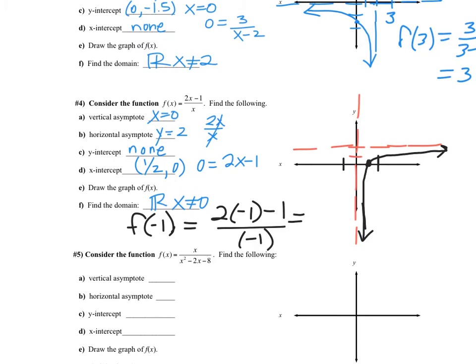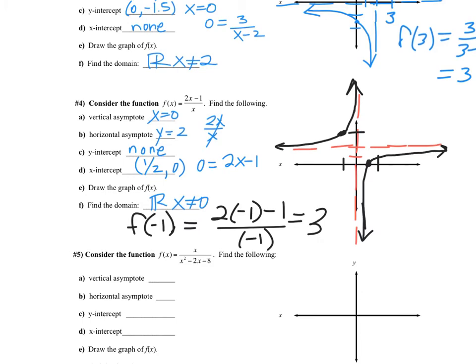So what is that? 3. So I'm going to go 1, 2, 3 and put a dot right there. And I know what that's going to look like. It's going to go right along the asymptote and right along that asymptote. Done. Beautiful. So you'll find all the pieces, and then you'll plot the stuff.